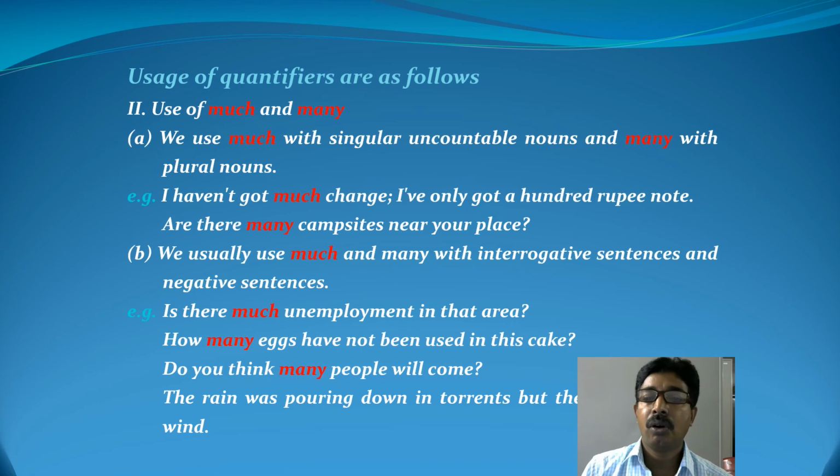I have only got a 100 rupee note. Another example, are there many campsites near your place? And we usually use much and many with interrogative sentences and negative sentences.